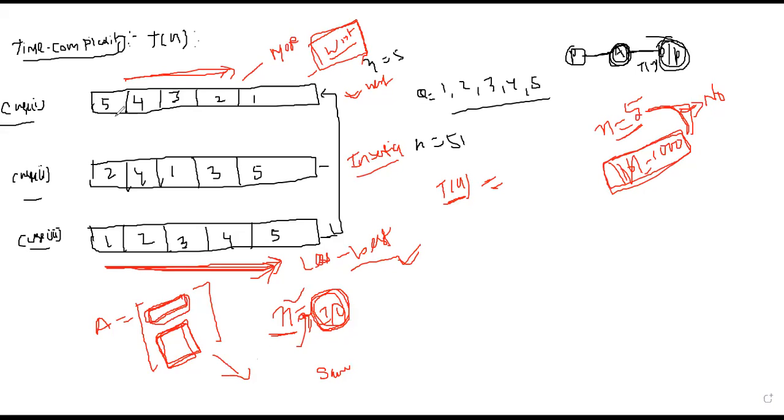Now this is the worst case, or the worst case input. That means it will never take more time than its worst case, because this is the worst case of our input. Worst case means all the elements are in reverse order.